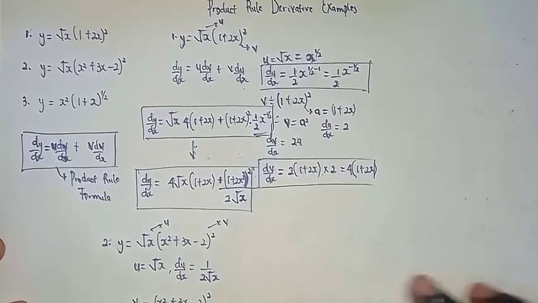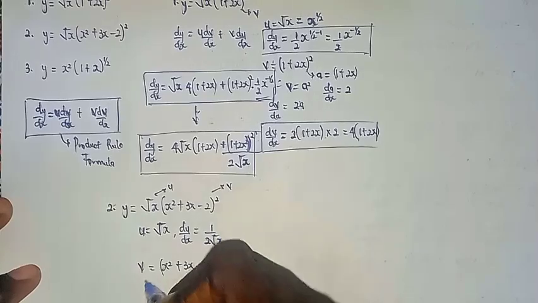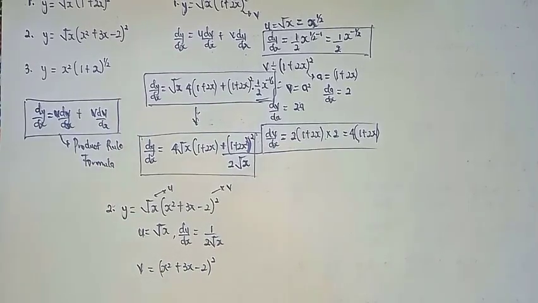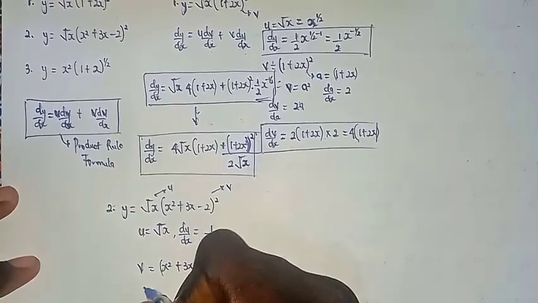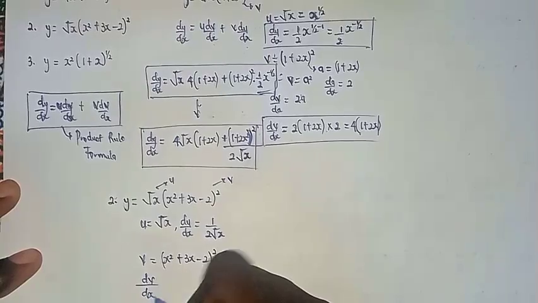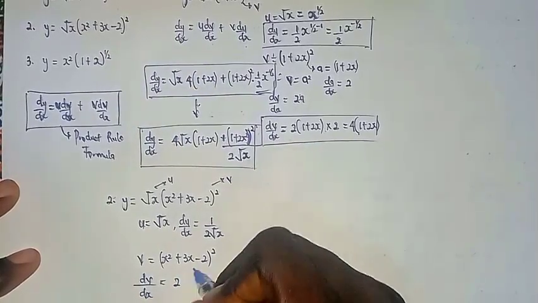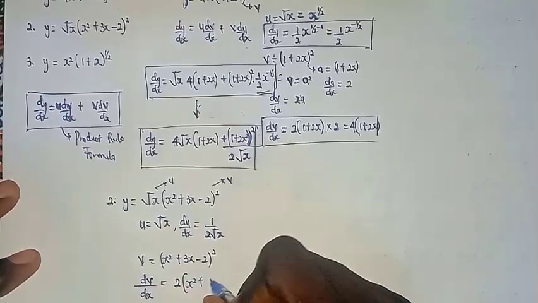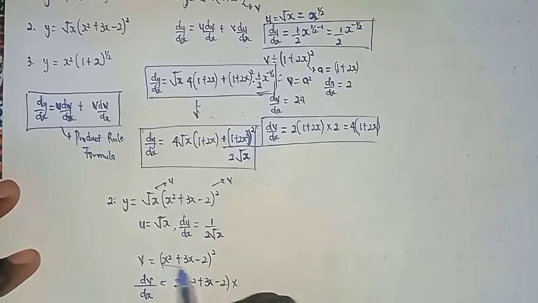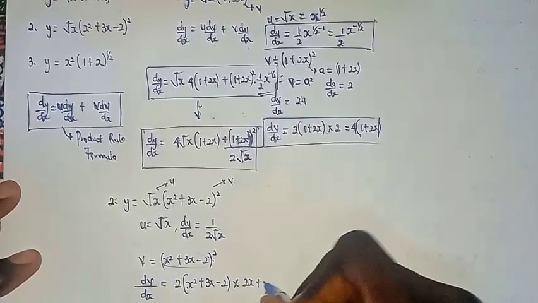Now we'll use function of a function differentiation, or the chain rule, and we'll have that dv over dx becomes 2 multiplied by (x squared plus 3x minus 2) times, and then you differentiate the bracket, which becomes 2x plus 3.